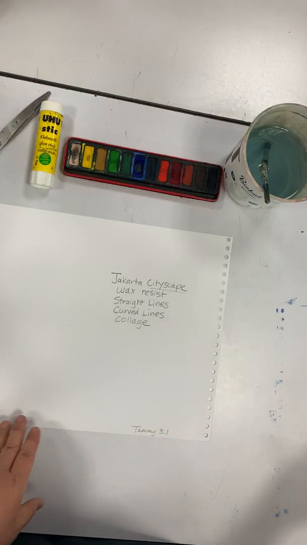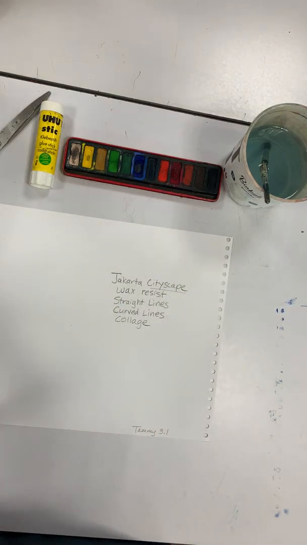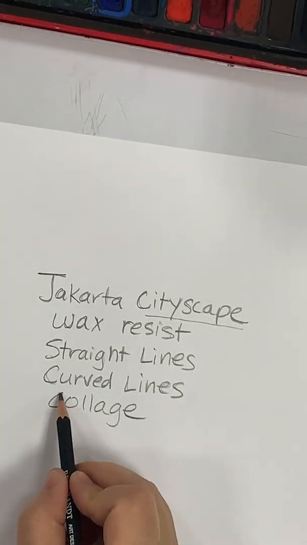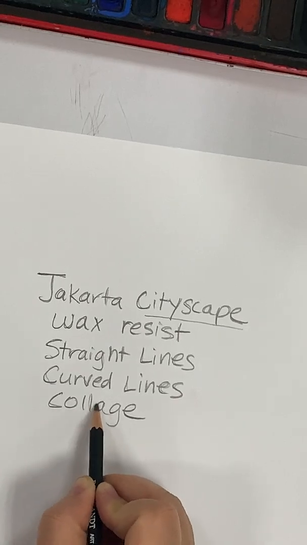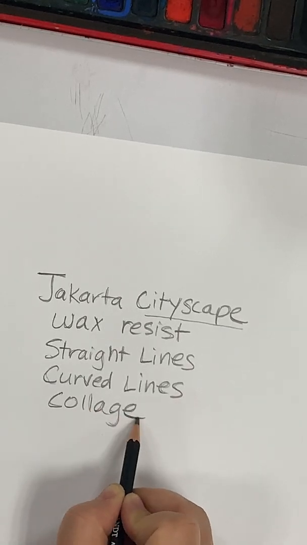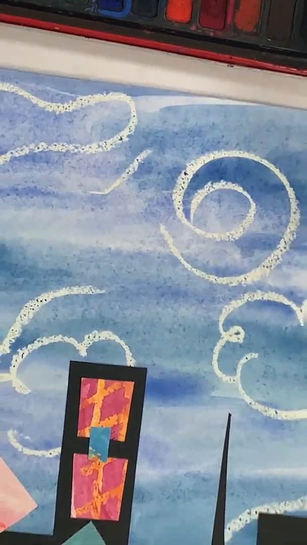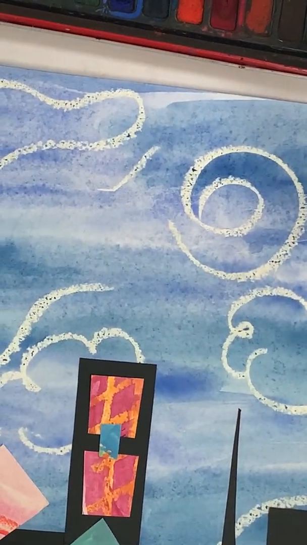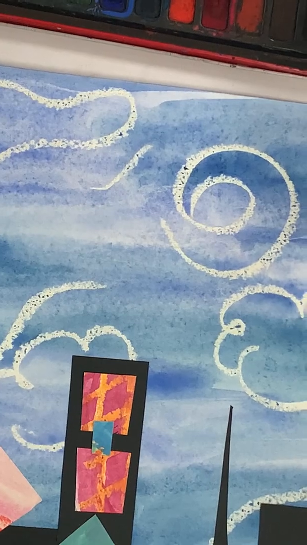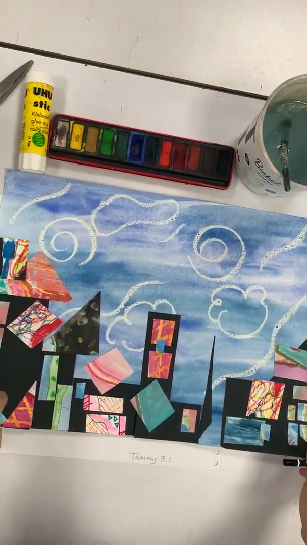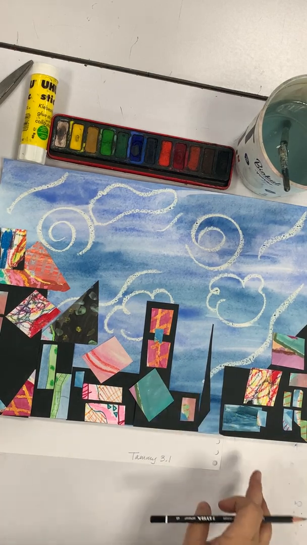And the last word we have here is collage. Collage is artwork when you take pieces of paper and you put them together onto a surface. So here I took pieces of colorful scrap paper.